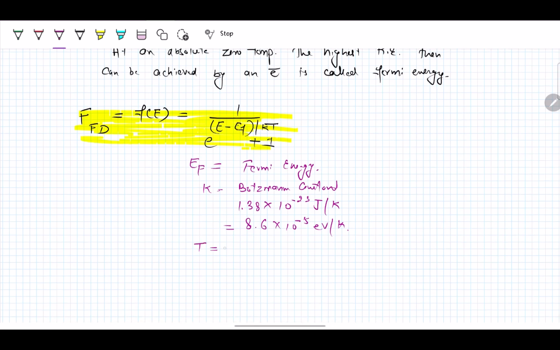And here T is the absolute temperature in Kelvin.